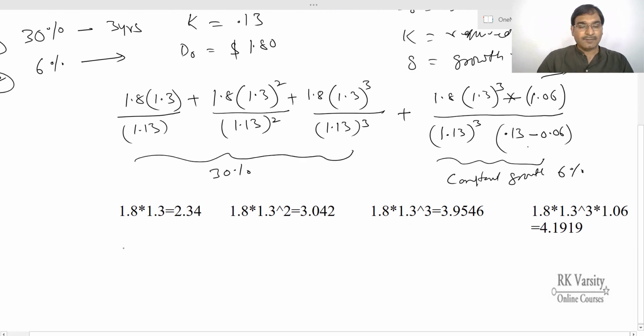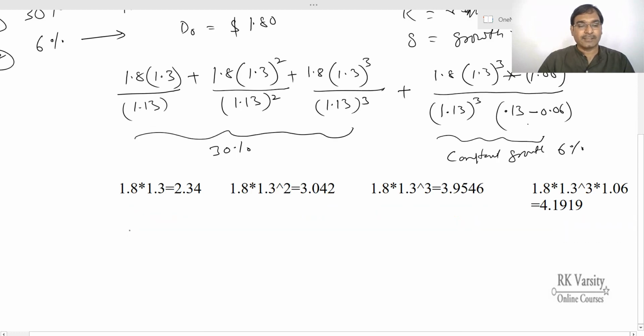Then we discount each of these. First we write the dividend values. The first year dividend is 2.34, the second dividend is 3.04, and the third year dividend is 3.95, and thereafter the constant dividend is 4.19.